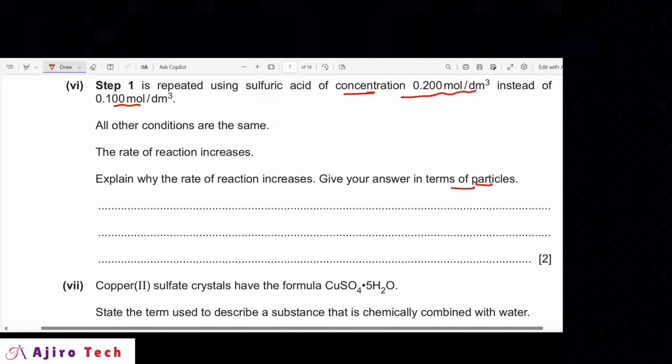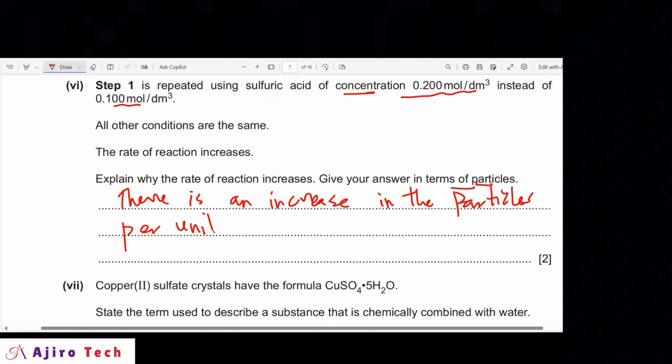So remember that when you increase the concentration, there is an increase in the particles per unit volume, resulting in an increase in the frequency of collision. When you're using particles to explain the effect of any of these factors on rate of reaction, you have to look at the frequency of collision as well.